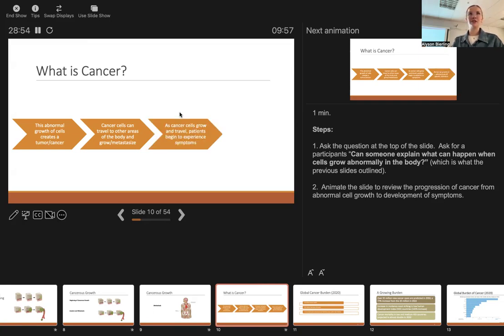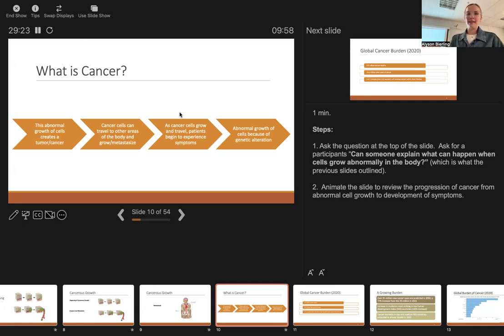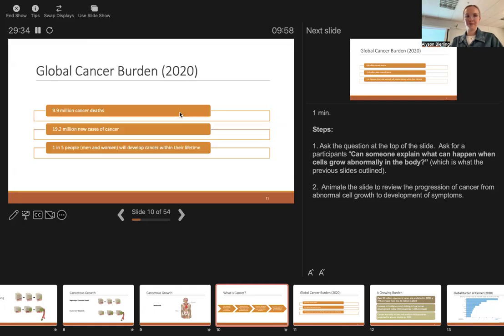As cancer cells grow and travel, patients begin to experience symptoms. Sometimes patients experience symptoms when the cancer cells are still localized to the original site where the cancer developed. Sometimes patients don't develop symptoms until those cancer cells have metastasized and spread to other parts of the body. And this abnormal growth of cells happens because of some genetic alteration. All right, so that is the development of cancer.